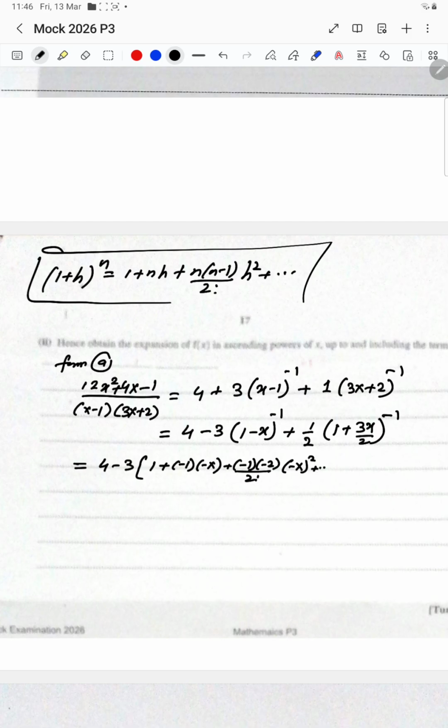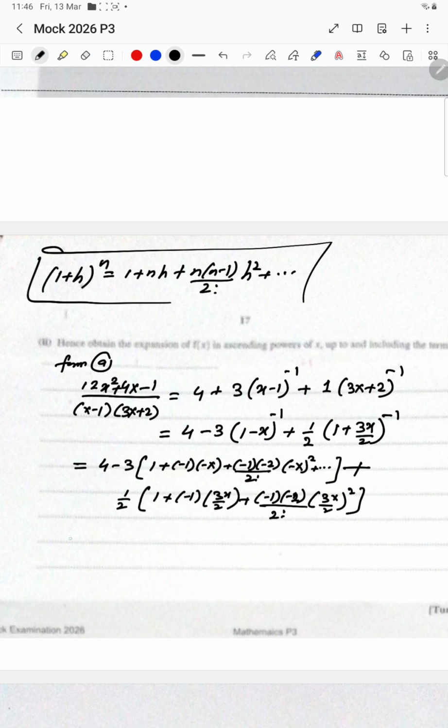No need to proceed, let it be here, plus now 1 by 2, and here 1 plus nh, minus 1 into 3x by 2 plus n minus 1, meaning n minus 2 over 2 factorial and 3x by 2 whole square. This is the expansion I did by applying the above rule.